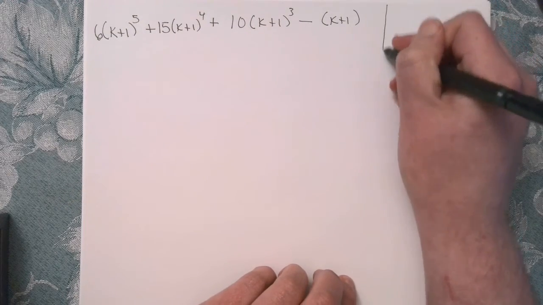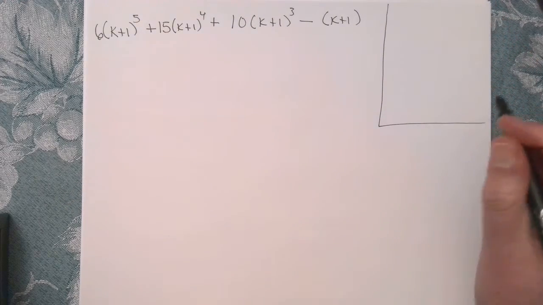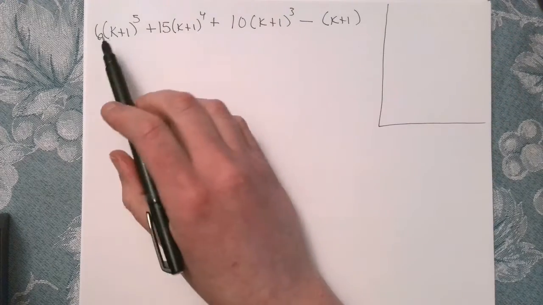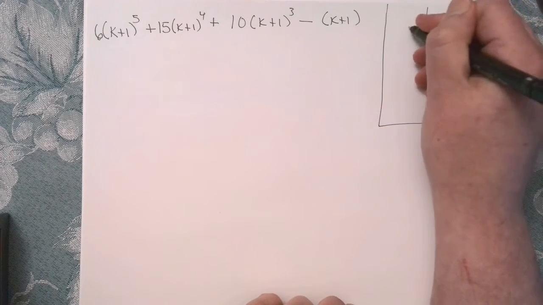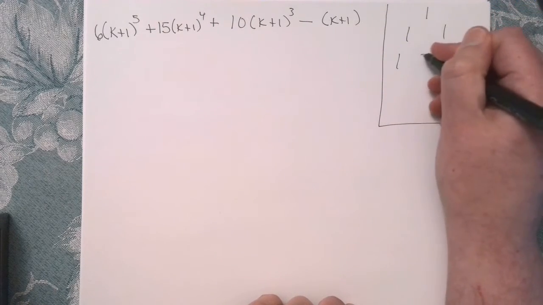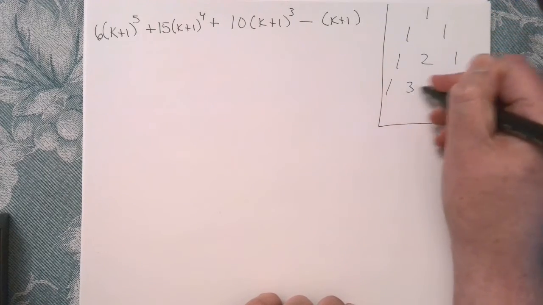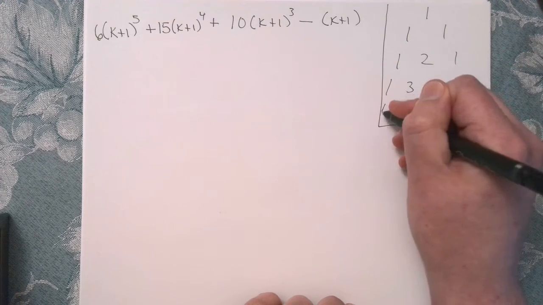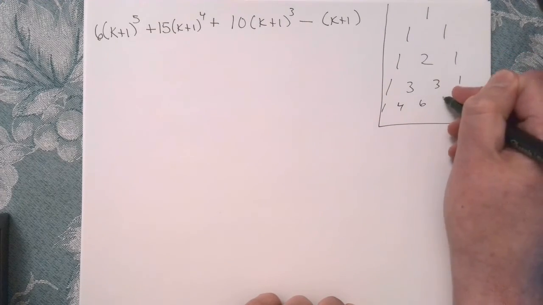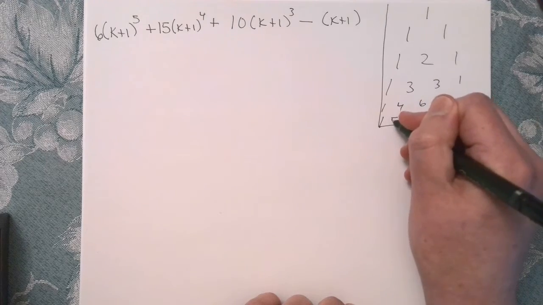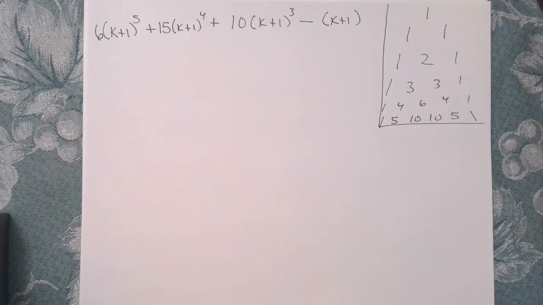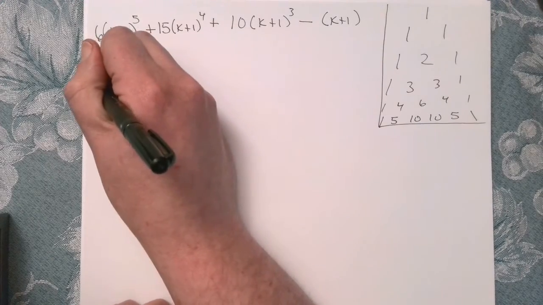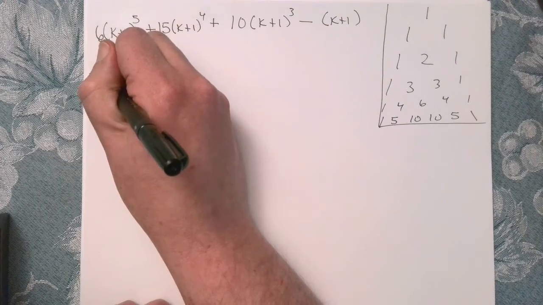If you need to, on the side, it might be helpful to write out Pascal's triangle, at least to the fifth power coefficients. Okay, and that's all we need for the coefficients. So let's go ahead and expand this out.